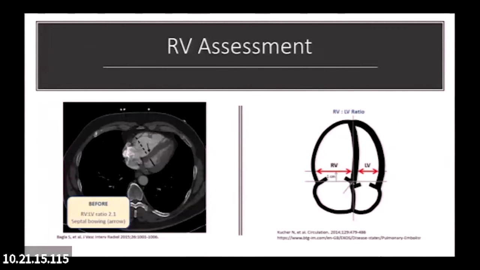This is the way to measure the ratio. On the CT scan, we get to the slice where the tricuspid annulus and mitral annulus are on the same level. Then we go 1 centimeter above, measure the RV and LV dimensions, and use those to calculate the ratio.